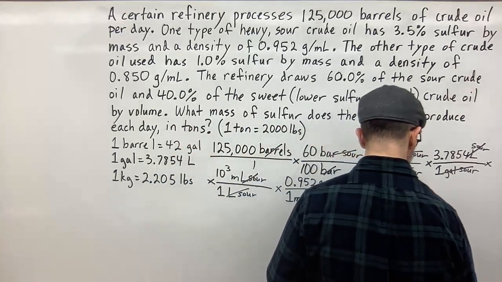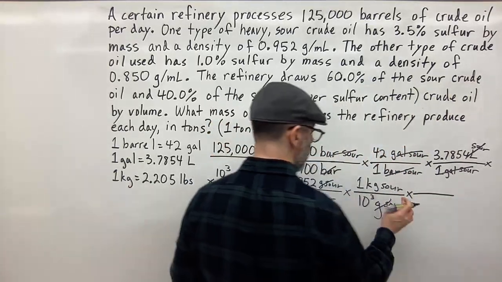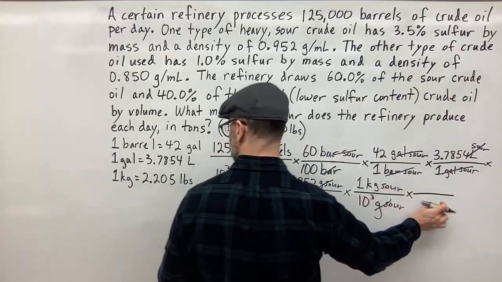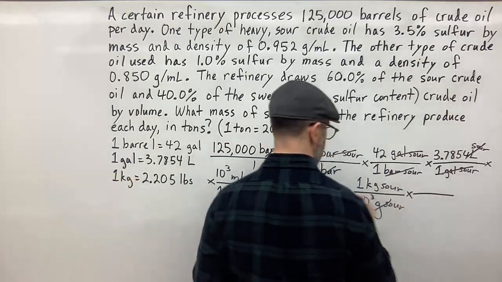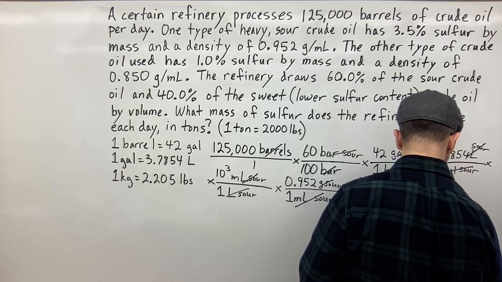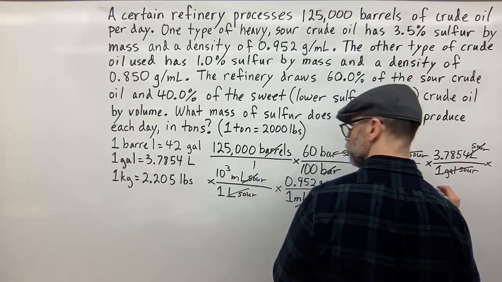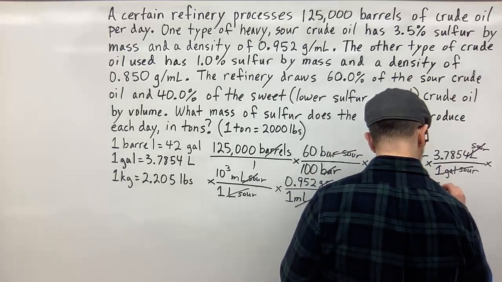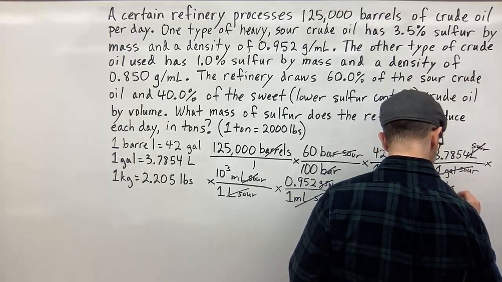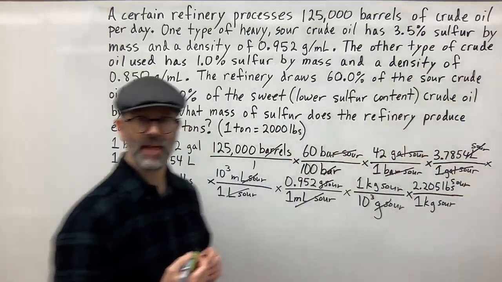So we're going to put our conversion factor. Since we have kilograms on the top, we want kilograms on the bottom. So 1 kilogram of sour goes on the bottom, and then we have 2.205 pounds of the sour on top.